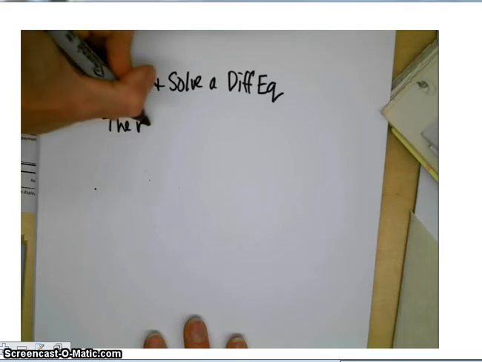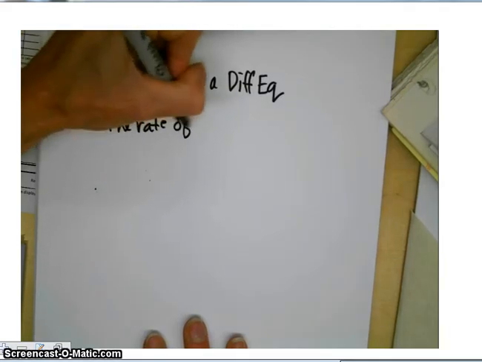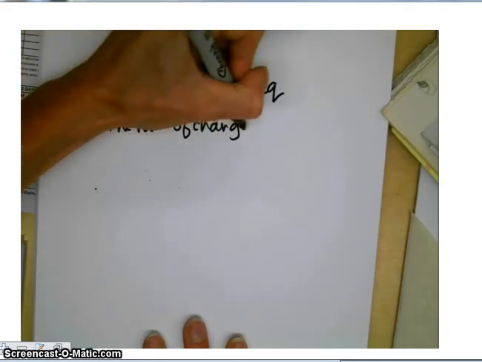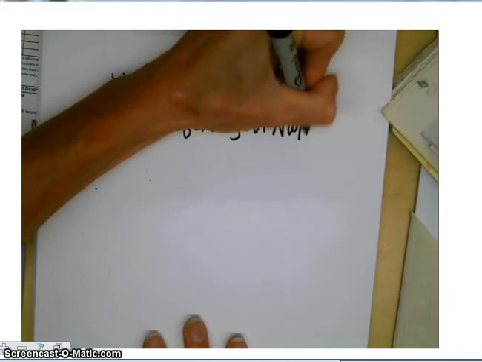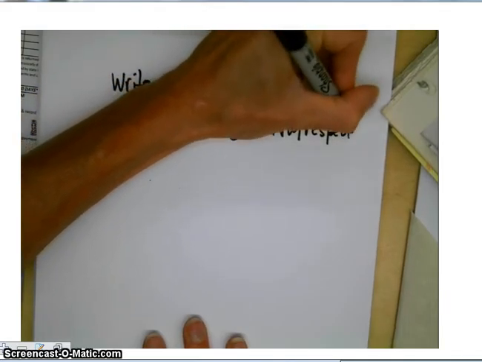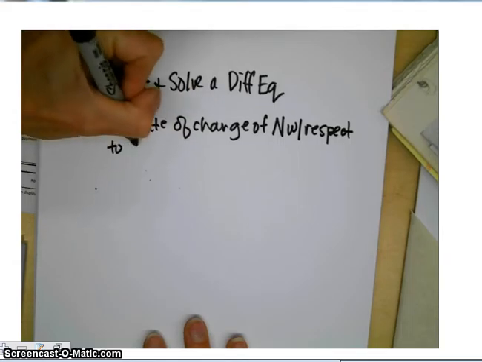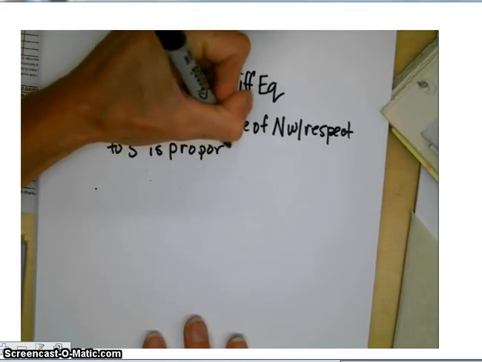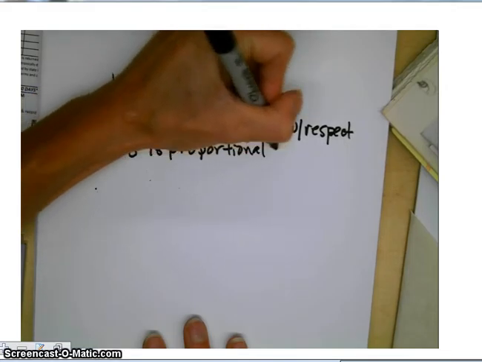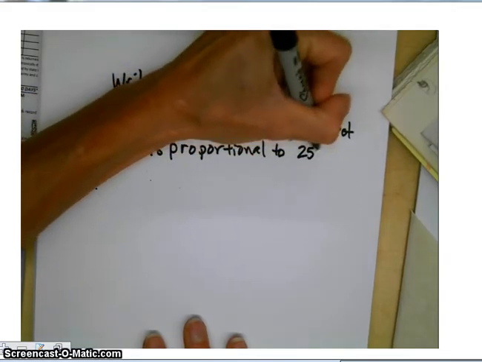The rate of change of n with respect to s is proportional to 250 minus s.